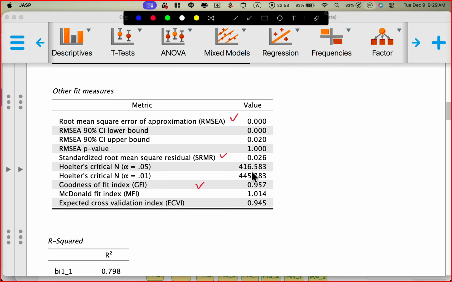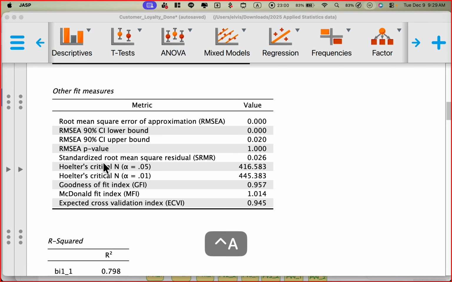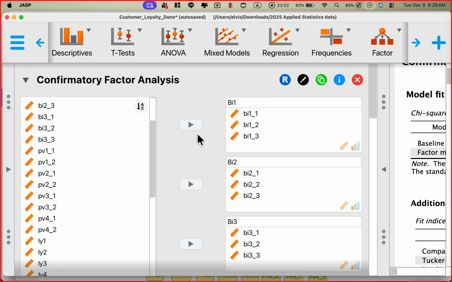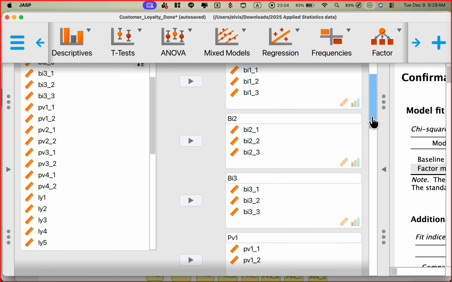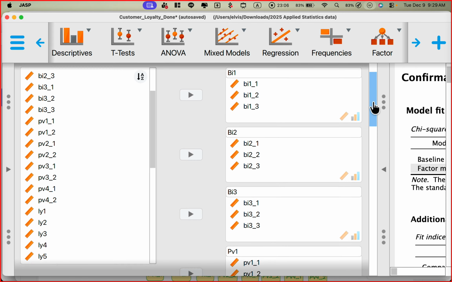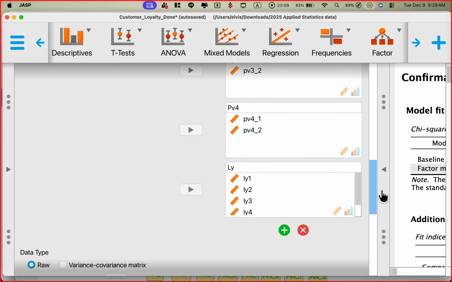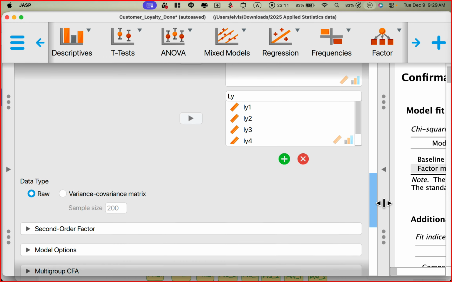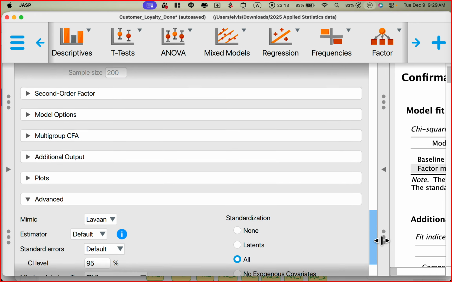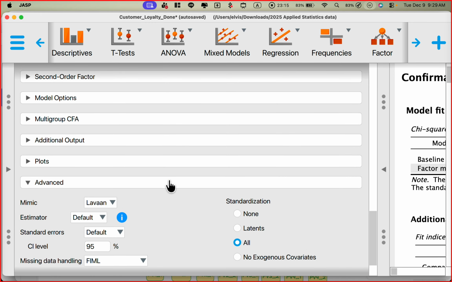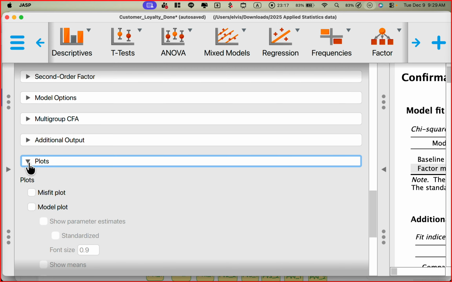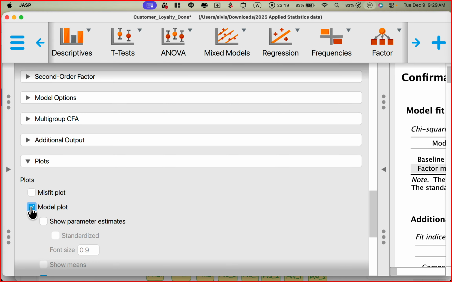Okay, let me show you the model. I just specify the model here, the eight factors. But you cannot see the measure model, right? Of course, if you'd like to see it, you can click the plus, model plus.